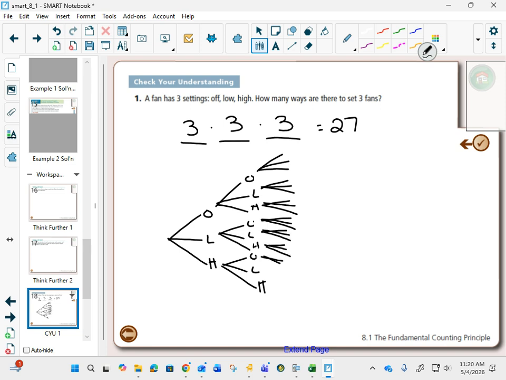This is what it is. I'm running out of room. Off, low, high, off, low, high, off, low, high. I mean, this tree diagram, if they asked you to write out all 27 different possibilities, this would be the way that you could write them all out, right?